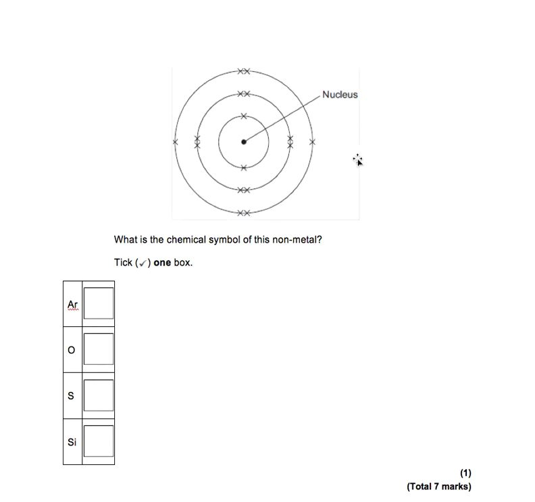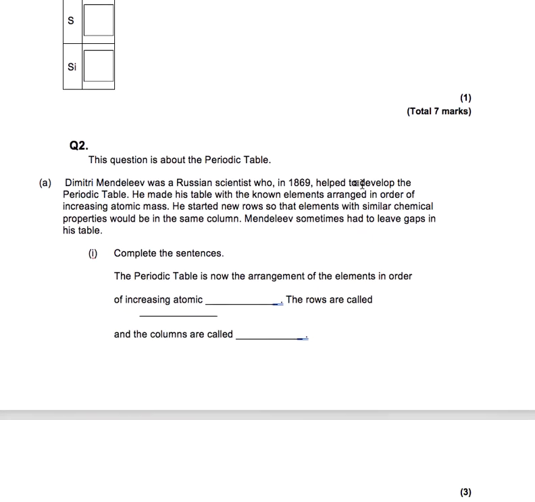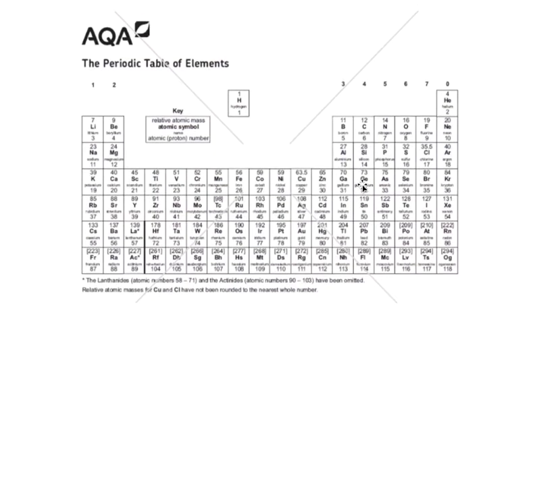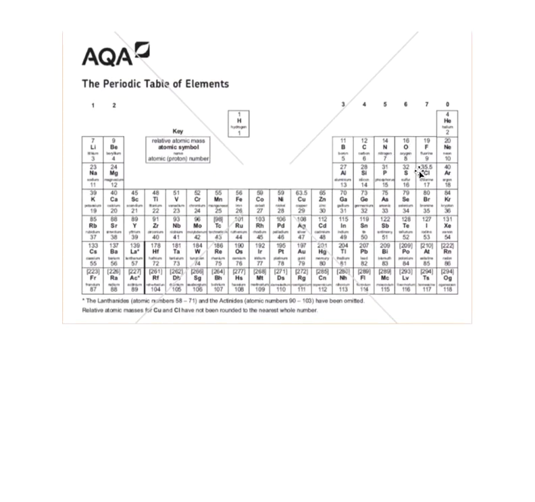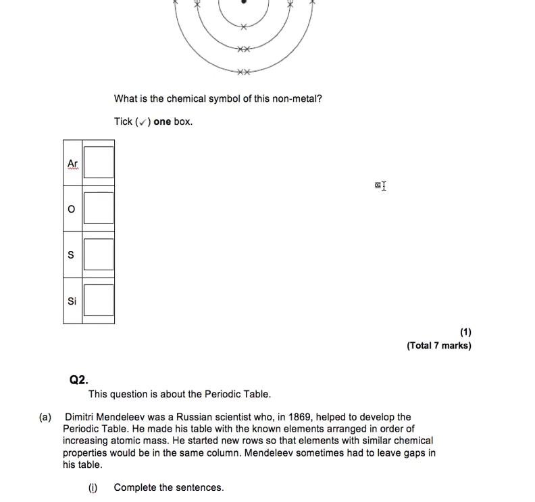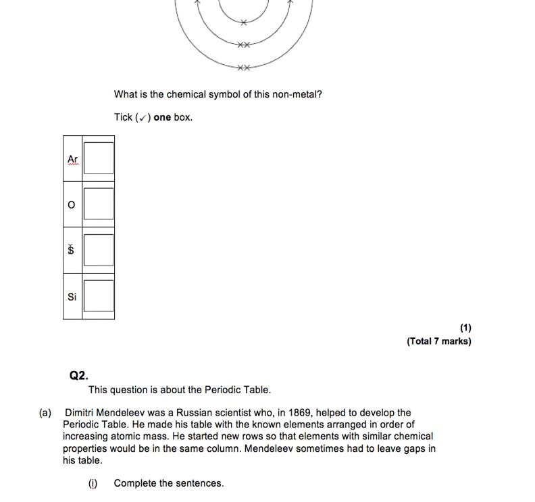So we know we have 6 electrons in the outer shell, and it's 2, 8, 6. So let's go. 6. There's 2, 8, 6, right? So it's sulfur. Gotta be.